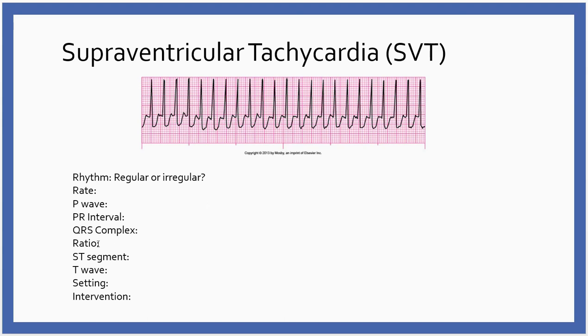I don't really have a ratio on here because it's hard to tell. If I have a P wave, I probably have 1 P wave for every QRS, but it's hard to tell. The T wave is also going to be difficult to see. If there's a P wave on top of here, it's going to be hard to see.